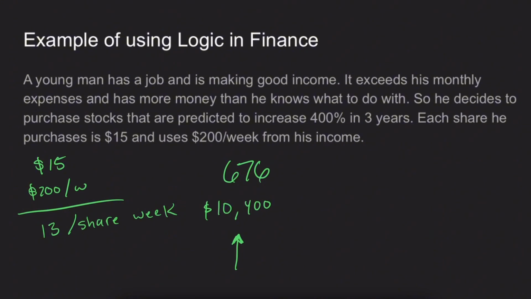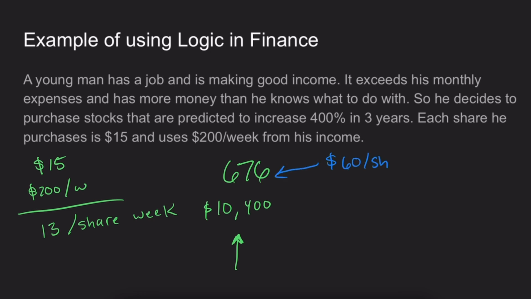And then the 3 years go by and say he's ready to sell those shares because it's at maturity. So it goes up 400%. So 15 times 4, it's $60 a share. And he already has 676 shares.